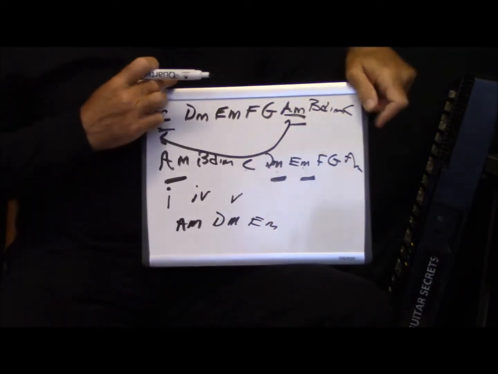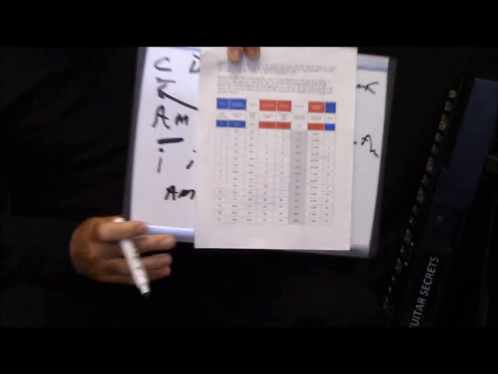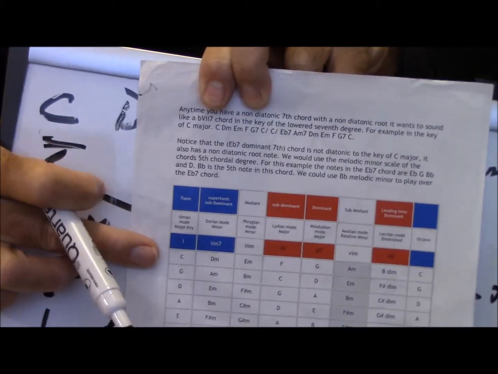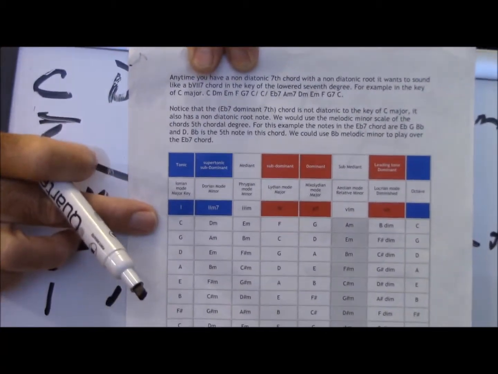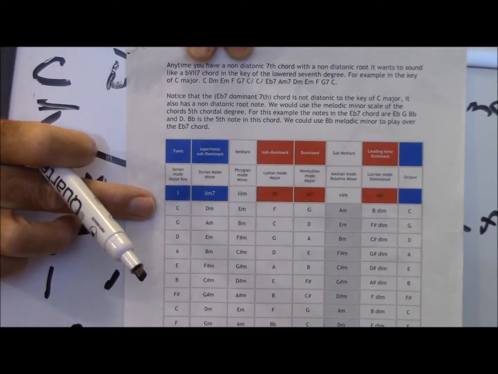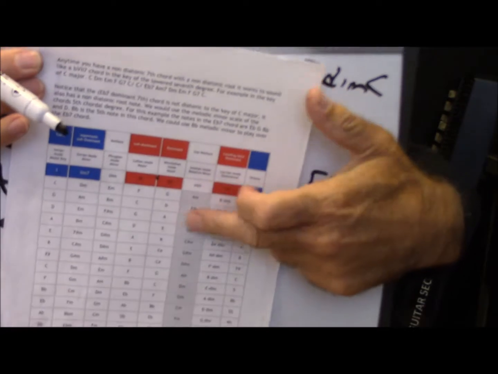Once again, if you look at this little handy chart here, and you go over here to the key of C major down here, and then go across, notice the gray one where it says A minor? Well, that's the relative minor. It's also called the Aeolian mode there. See that over here? Right down here.